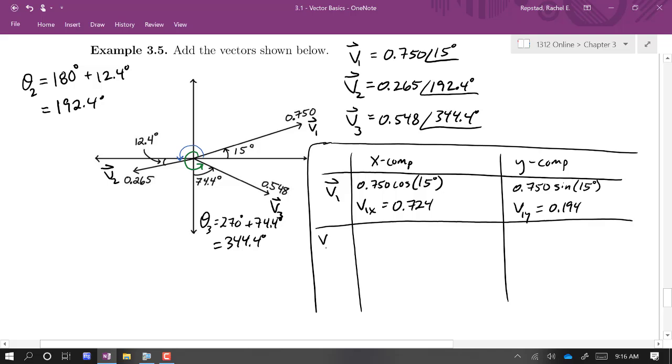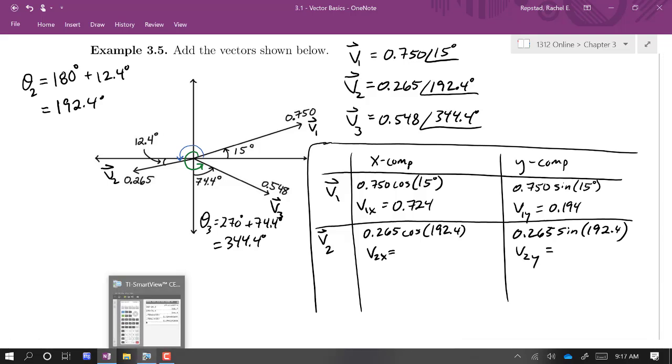Now we'll do the same thing for V2. Our x component, magnitude times cosine, so 0.265 cosine of 192.4, V2x, and the y component will be 0.265 times sine of 192.4.